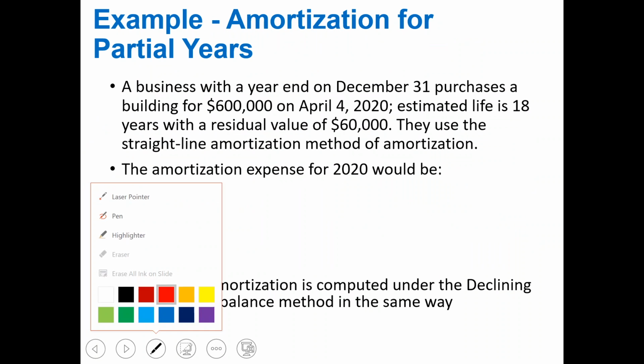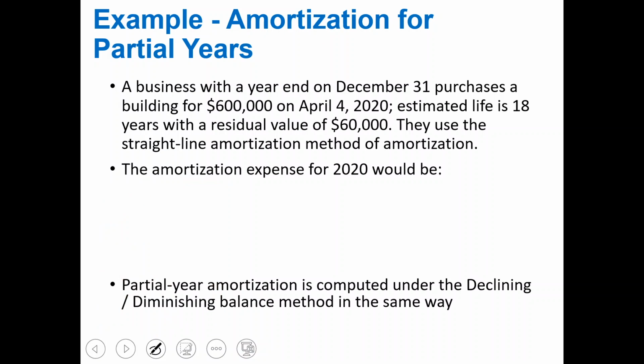So quick example here. A business with a year end of December 31st purchases a building for $600,000 on April 4th, 2020. The estimated life is 18 years, with a residual value estimated at $60,000. The company uses the straight line method for amortization.